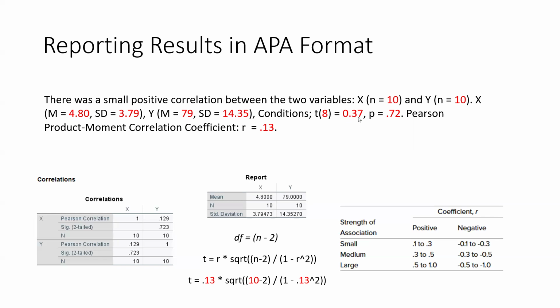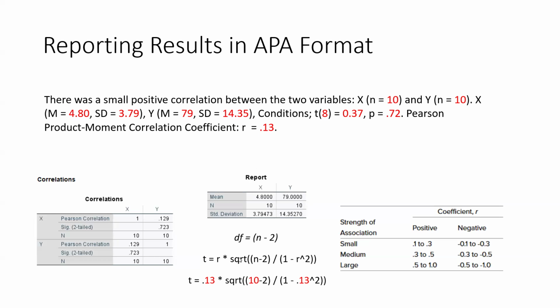Now, as far as the t value, this is a bit tricky, okay? So what you need to do is you need to either use a graphing calculator or a calculator or Excel or R, any of those platforms or methods, and you have to utilize this equation here. Now, be very careful with order of operations.